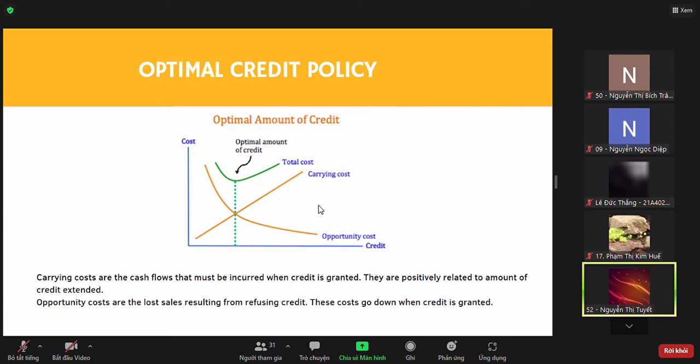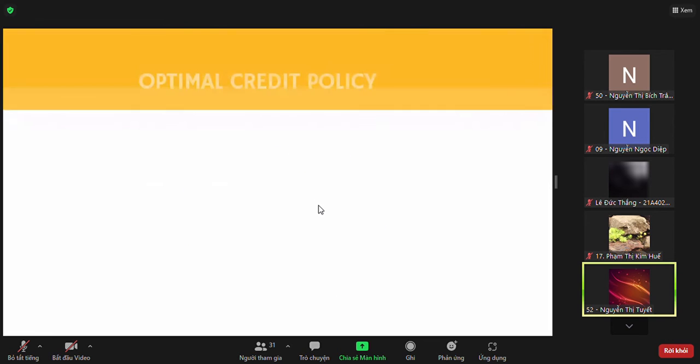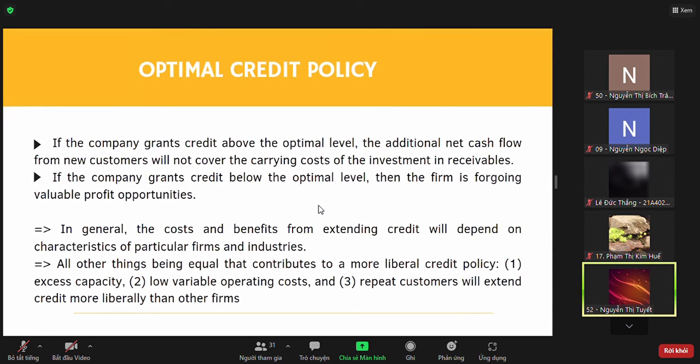The point corresponds to the optimal amount of credit, or equivalently, the optimal investment in receivables. Next, the optimal credit policy. If the company grants credit above the optimal level or below the optimal level, we have the content in this slide.